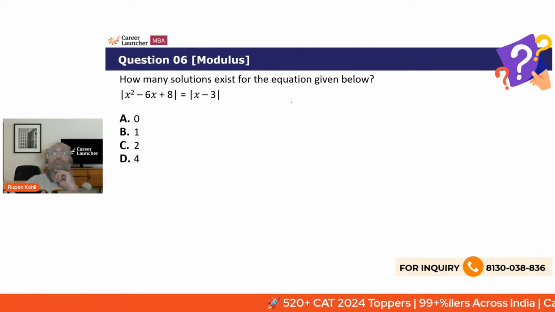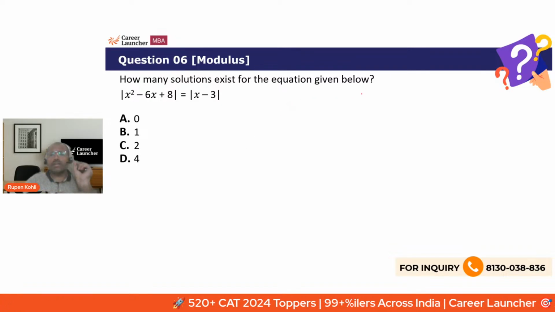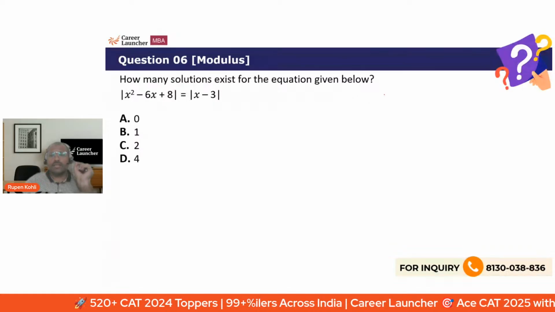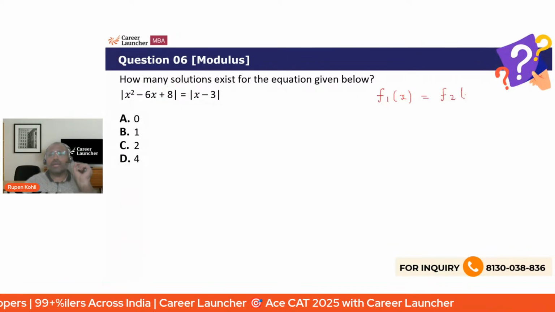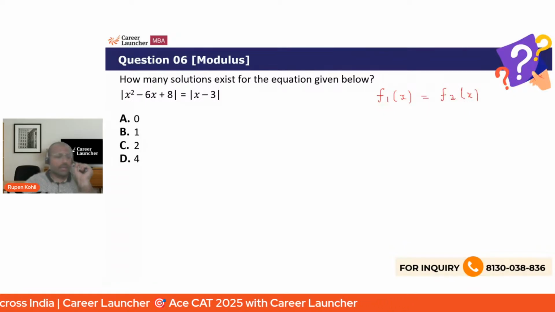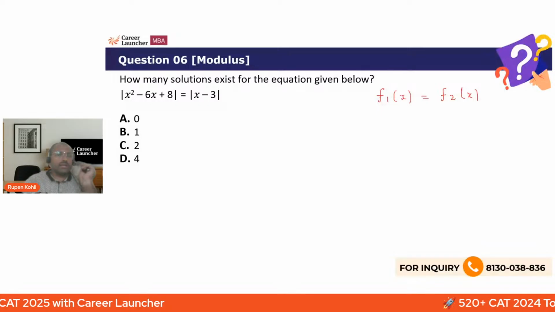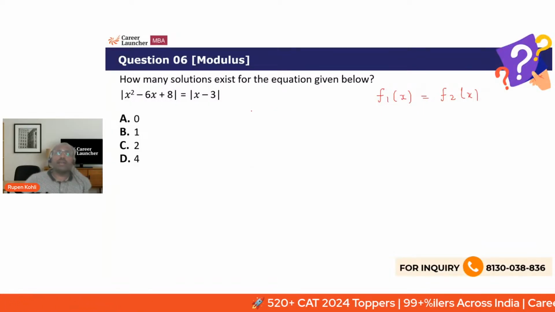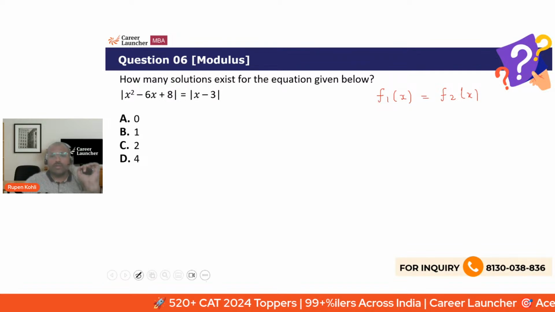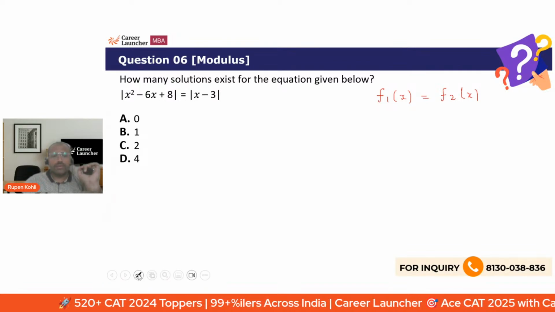And what I would do? I would say I'm looking at this equation as if I'm reading that f1x equals f2x. What I'm saying, try to understand. I'm saying let's plot y equals f1x on the graph. Let's plot y equals f2x on the graph.